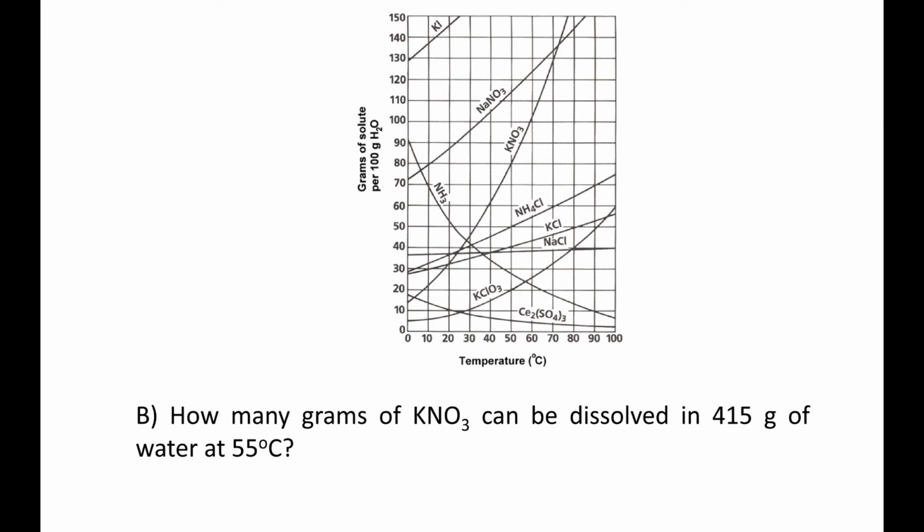Okay, how many grams of KNO3 can be dissolved in 415 grams of water at 55 degrees Celsius? So once again, we're going to move this up a little bit, making sure I don't go above 55. Okay, so we have 55. So first thing we're going to do is write the 100 grams of water here, and the 415 grams of water here, and the X here. So we're going to look at 55 and KNO3. It's right here.